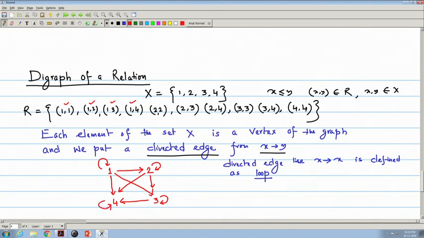So, this is the digraph of the above relation.